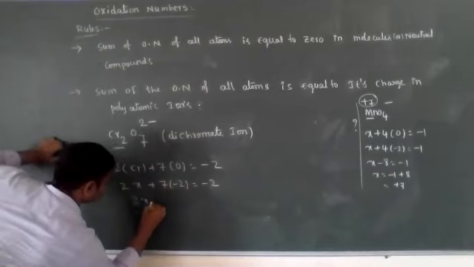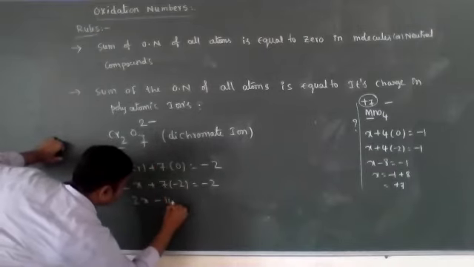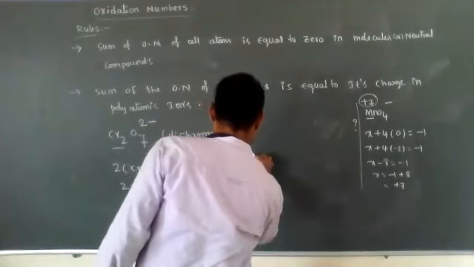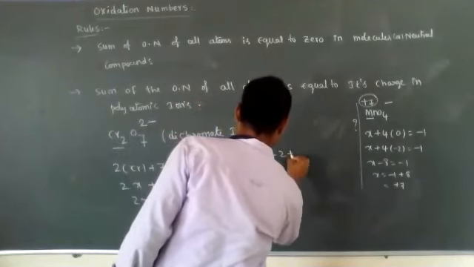Then 2X minus 14 is equal to minus 2. Then 2X is equal to minus 2 plus 14.